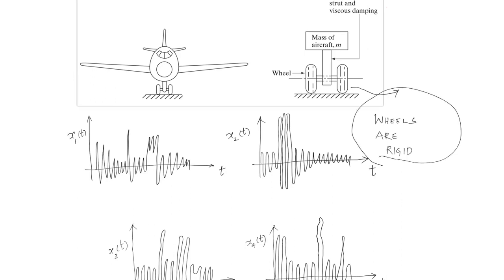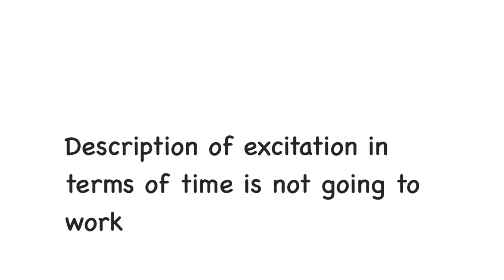I didn't mention this specifically in the first video, but this assumption is pretty valid. We assume that the wheels are rigid, then we try to measure the displacement on 4 different days, and we ended up with 4 different curves. So there was a lot of variation in the data, and we described the reasons.